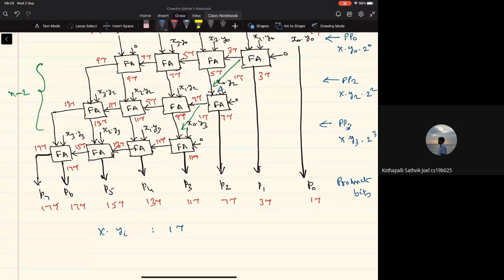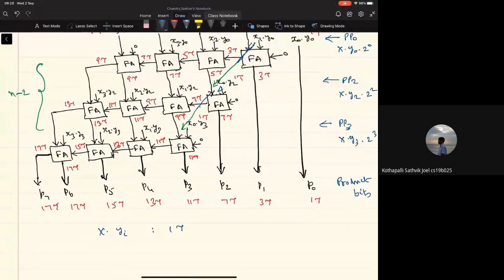You can see that this full adder circuit's output to go to the next level full adder's input is 2 tau. And from here to here, if you take the effect of this input to come onto the next level's input, it's 4 tau.